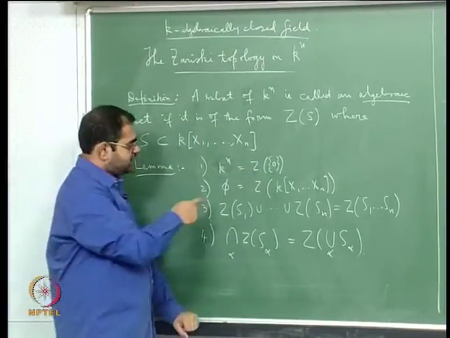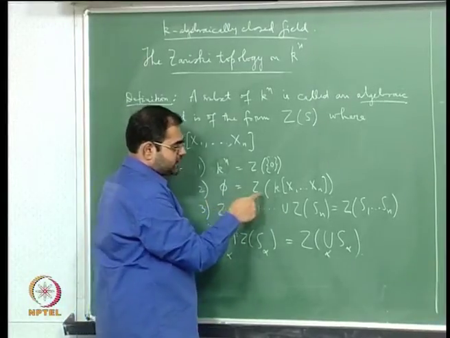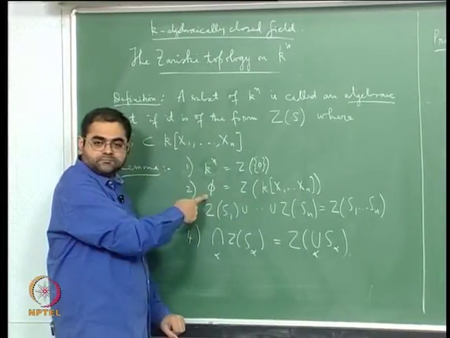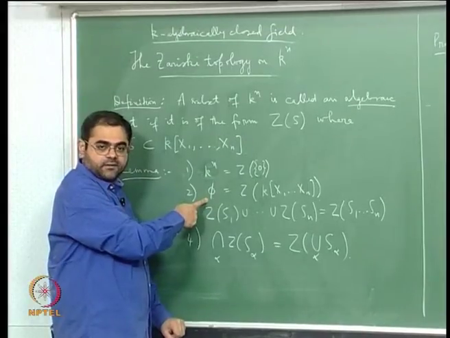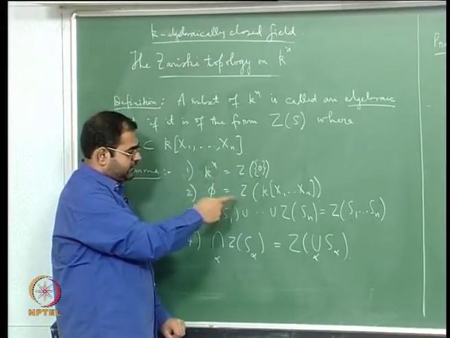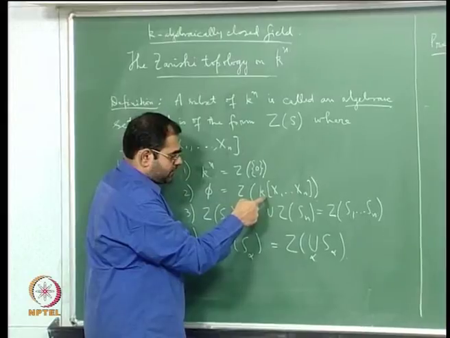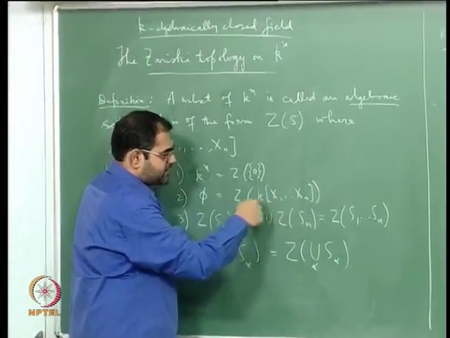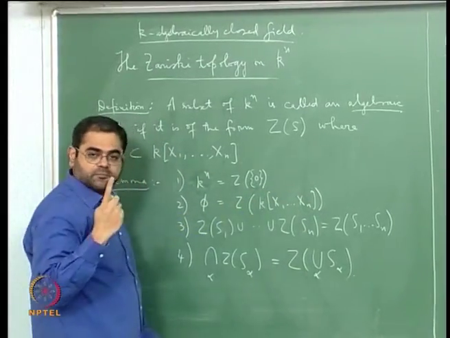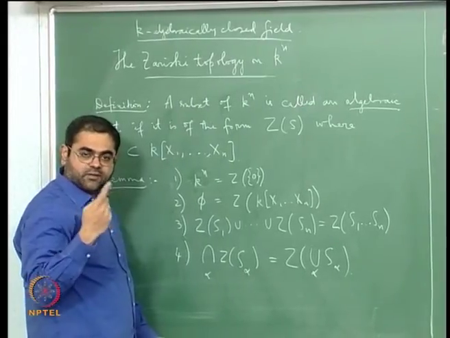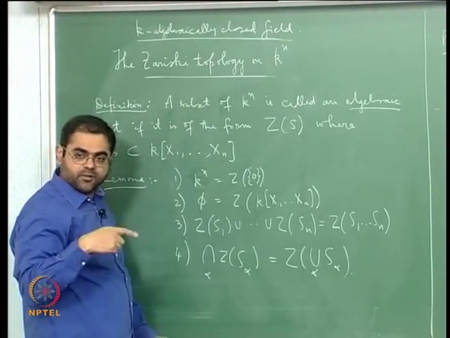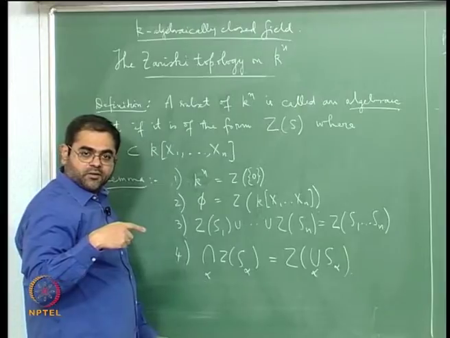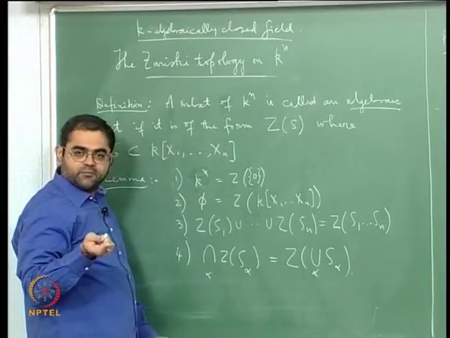Now look at the second statement. It says that the 0 set of the whole ring is the empty set. That is obvious because any subset of the ring which contains 1, or for that matter any constant non-zero polynomial, will never take the value 0 at any point.